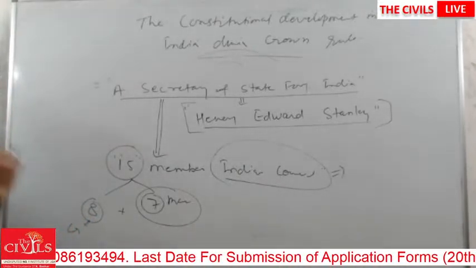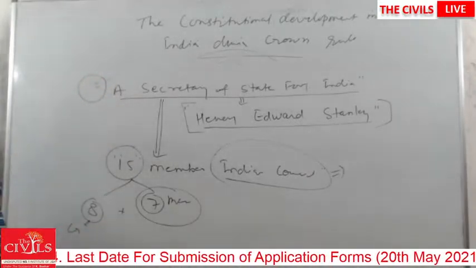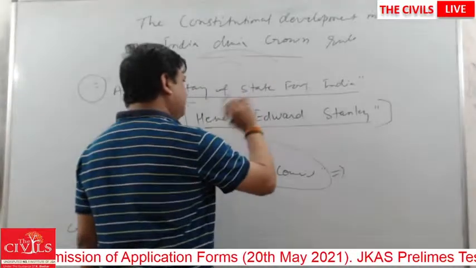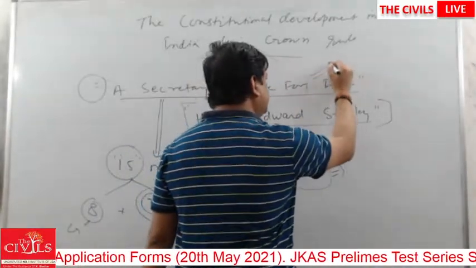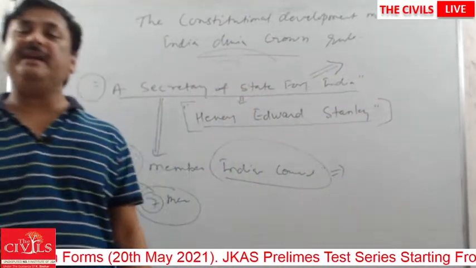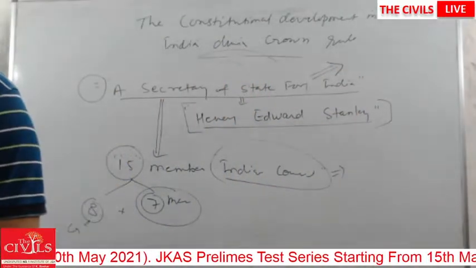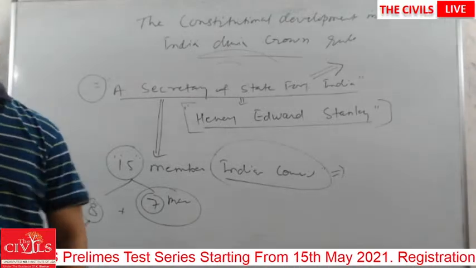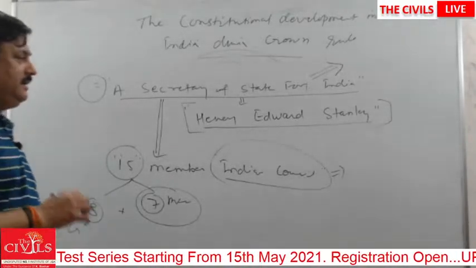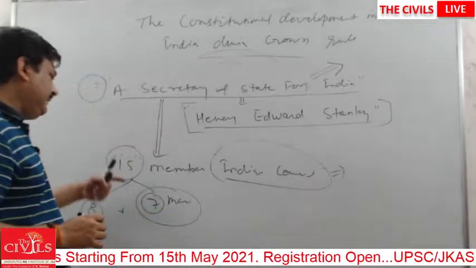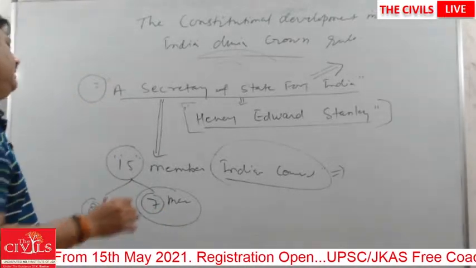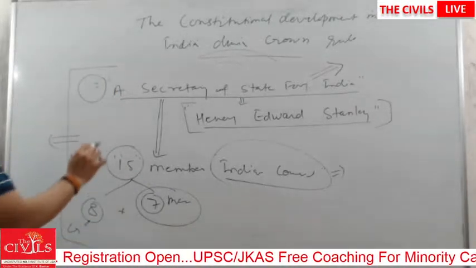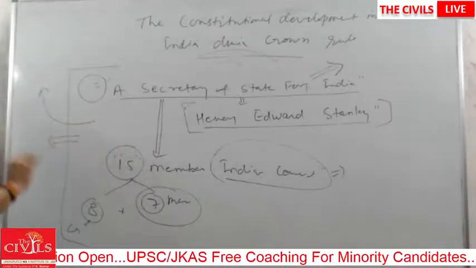So a new post was created for the administration of India: a Secretary of State for India. This post was reserved for cabinet ministers only. The Secretary of State, with the 15-member India Council, governed India.